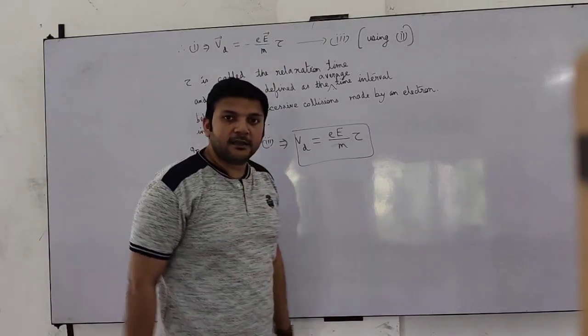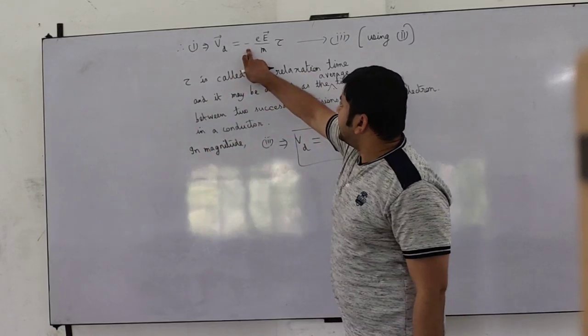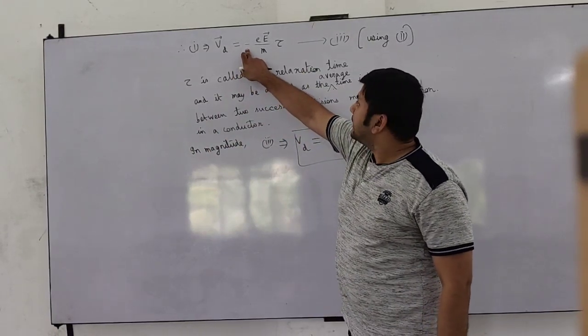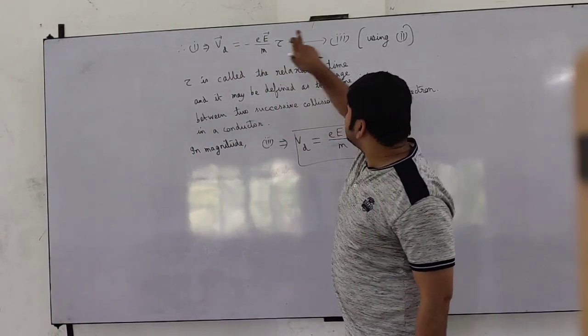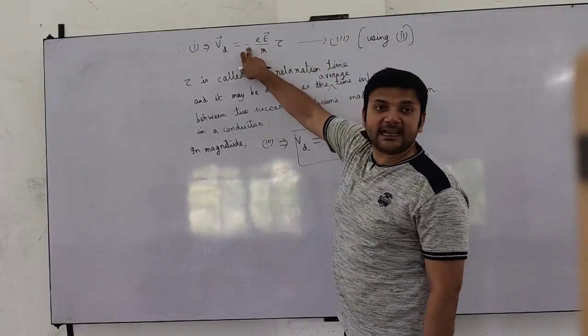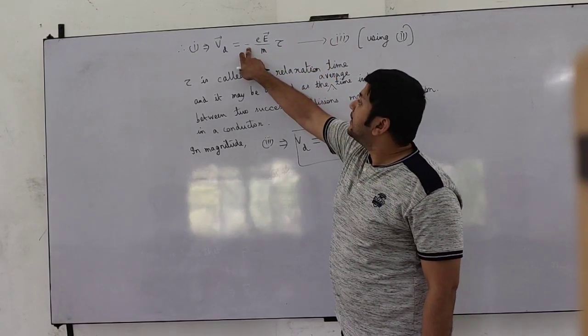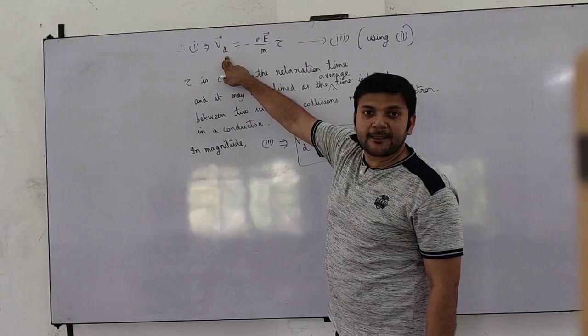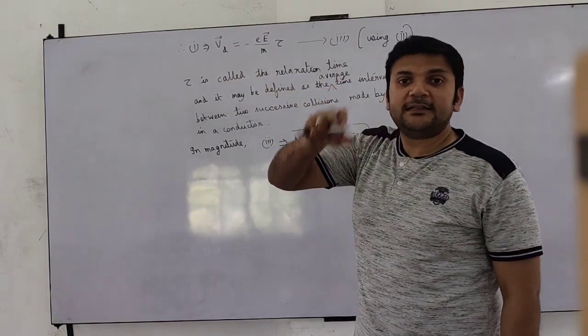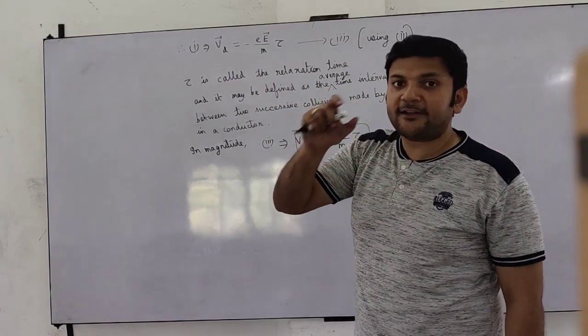One thing, you see, the negative sign in equation 3 indicates that the drift velocity is opposite to the direction of the electric field.